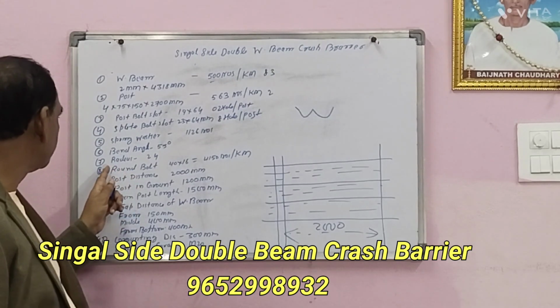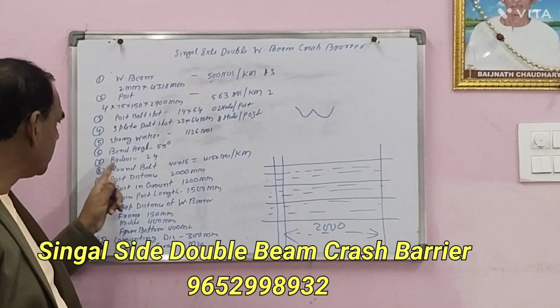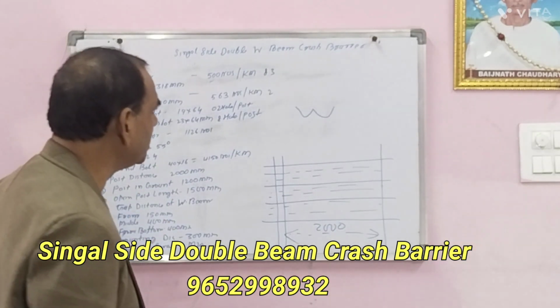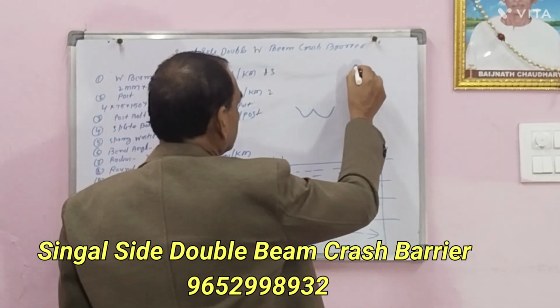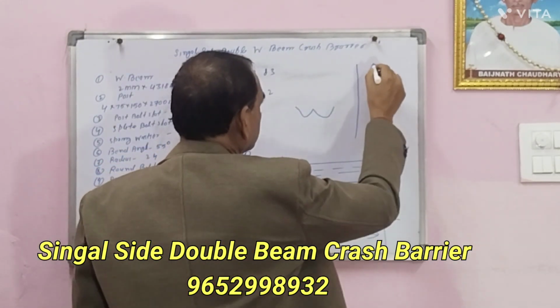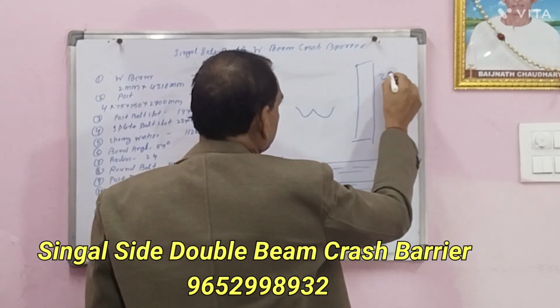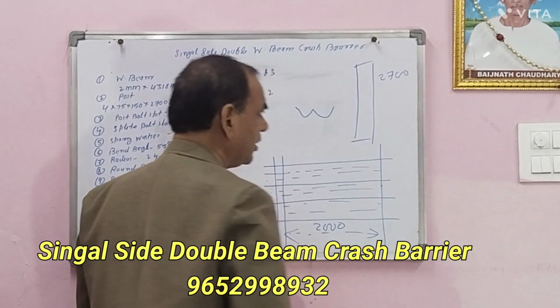Then next thing is the post grounding inside. Suppose the total post length is 2700 mm.